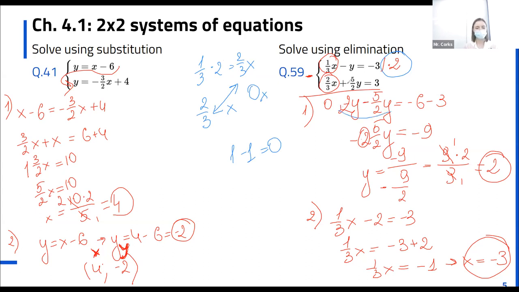We can do the same for y, but y here has coefficient 1, and for both x we have fractions. But you can do this for y or for x as you like to. There is no big difference, just make sure that you make the correct calculations and don't forget to multiply by 2 everywhere, as I forgot for this part.